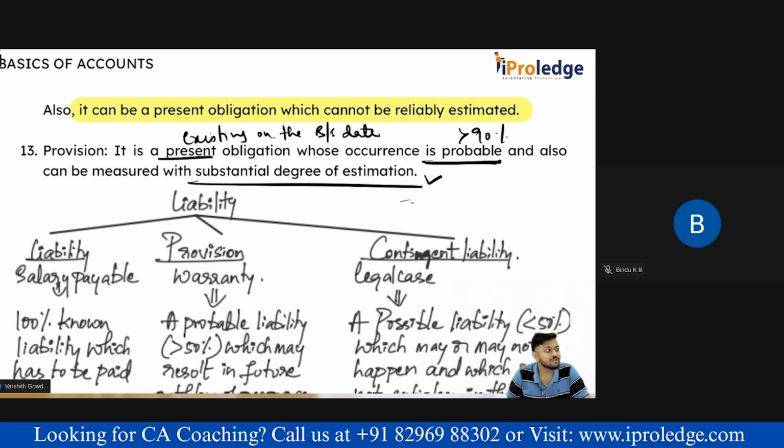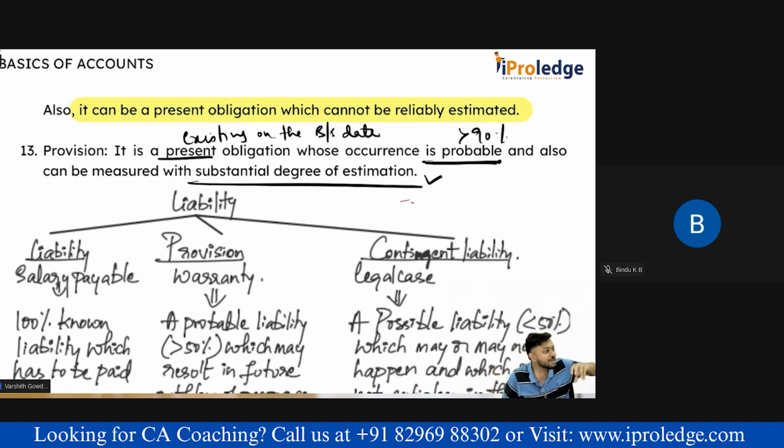So one of the biggest truths you should understand now is that provision for doubtful debts is not a provision, because for something to be a provision, it should be a liability. Provision for doubtful debts is an adjustment to assets. Whenever bad debt happens, debtors will go down.